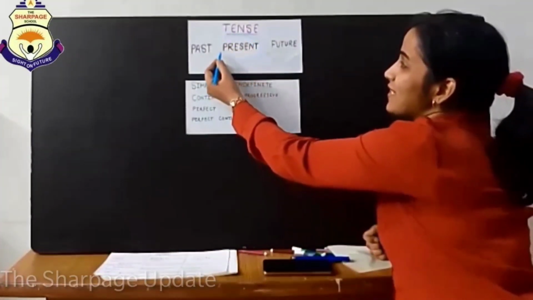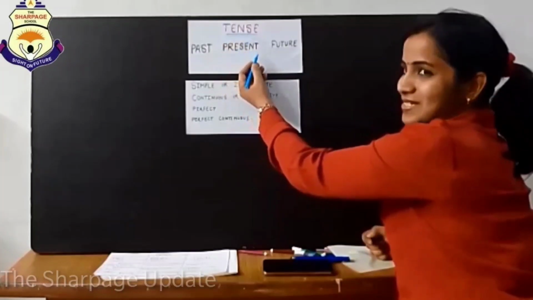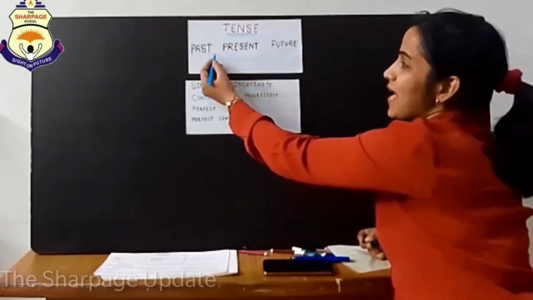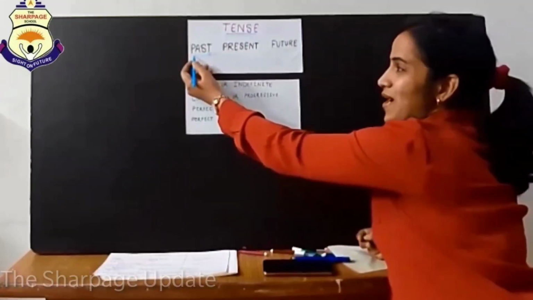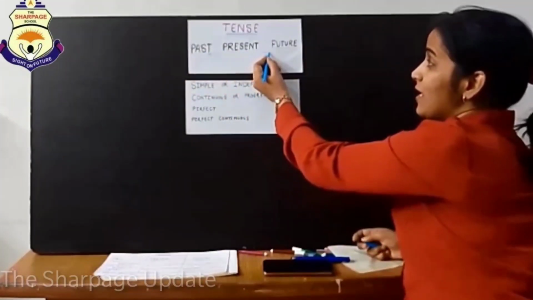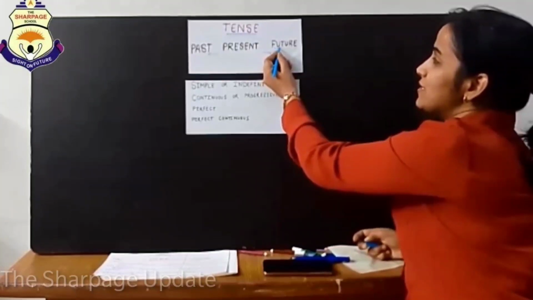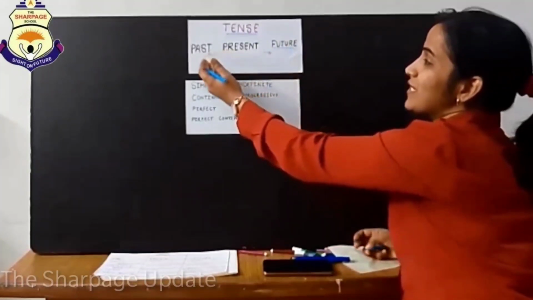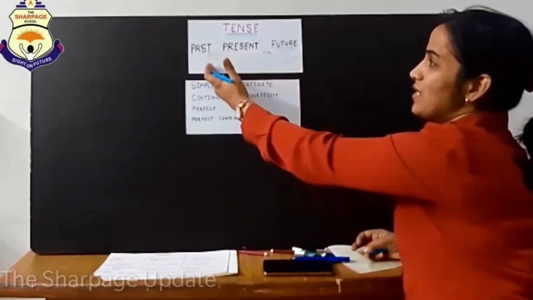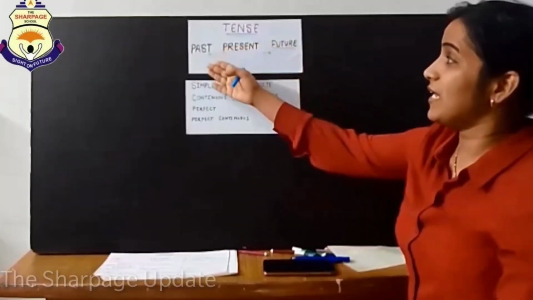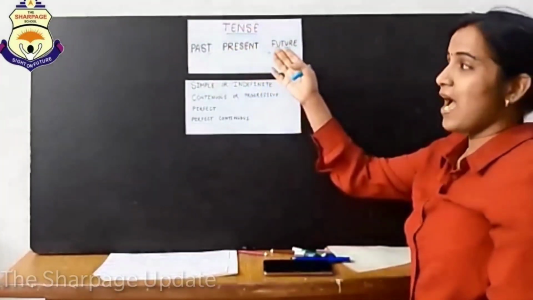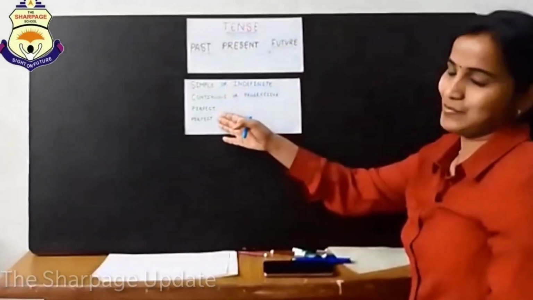The circle represents the present, the line to the left of the circle is past, and the line to the right of the circle is future. So these are three: past, present and future, and each of these has four subtypes.